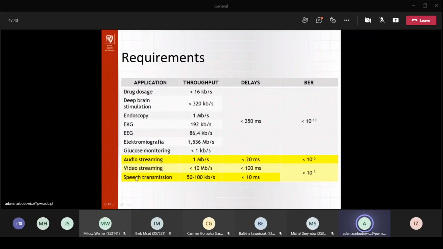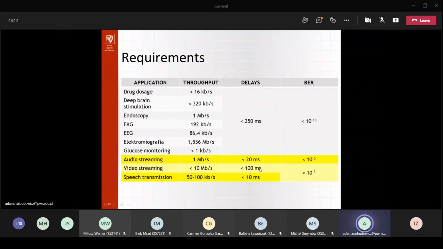You can basically see that speech, video streaming, and audio streaming are very heavy throughput, which intuitively makes sense, right? Because especially video streaming involves quite large amounts of data, and here we can see the latency, which especially in the case of video streaming should be less than 100 microseconds.